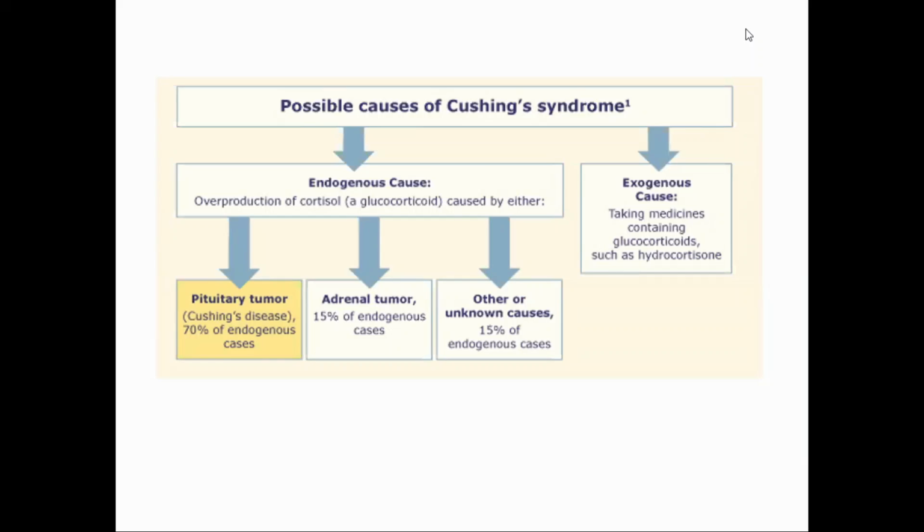Coming to the endogenous, as we know in Cushing syndrome there is excess production of cortisol, which may be either due to pituitary tumor, comprising 70% of the cases, followed by adrenal tumor and unknown causes, comprising 15% of the cases.